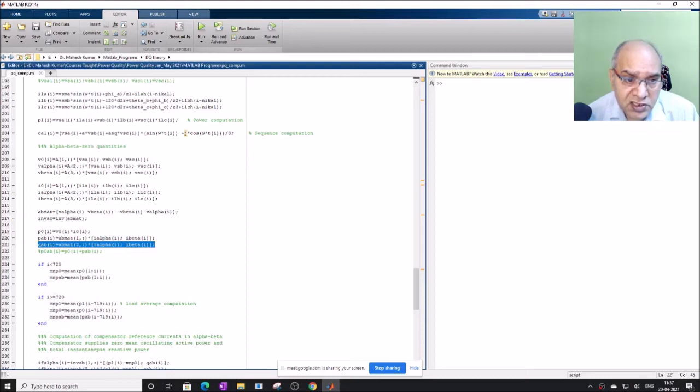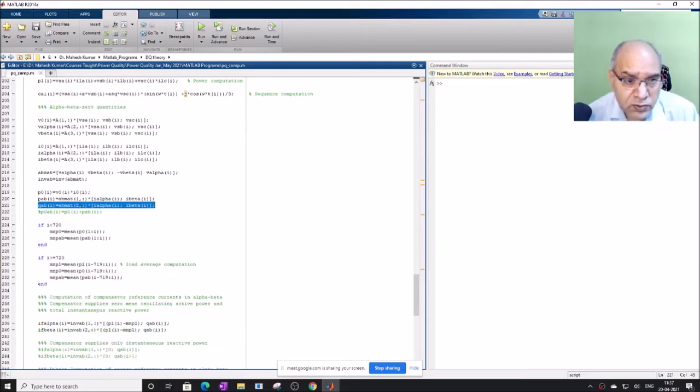So we know all these three powers. Now we compute PL0 bar. Bar means average value, so this is the average value of PL0.